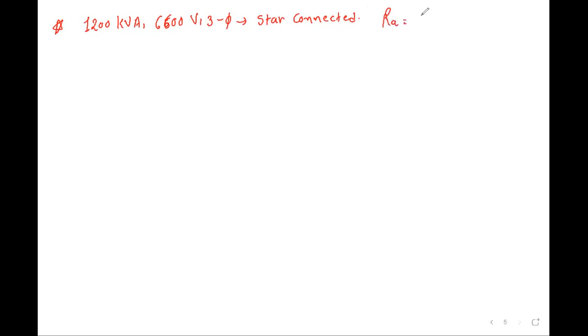resistance, let's say RA is equal to 0.25 ohm per phase. And its synchronous reactance, which is XS, is equal to 5 ohm per phase. So now what we have to find?